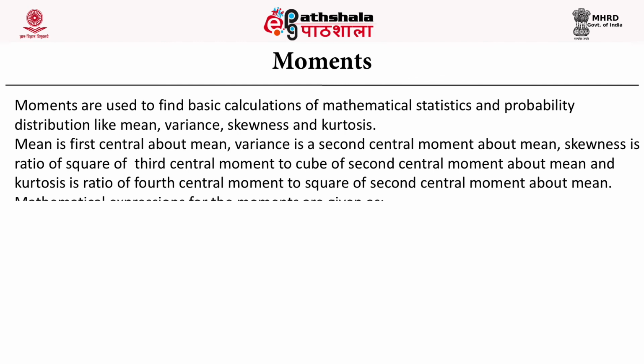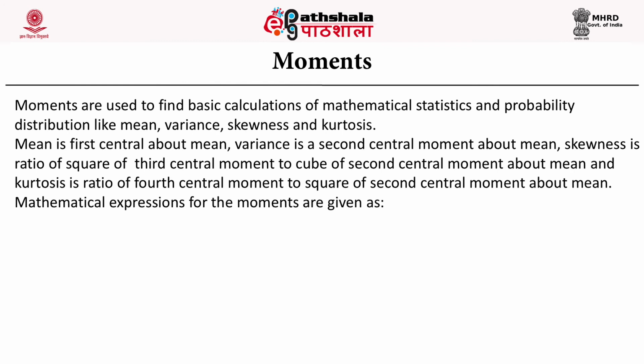Mean is the first central moment about mean. Variance is the second central moment about mean. Skewness is the ratio of square of the third central moment to cube of the second central moment about mean, and kurtosis is the ratio of the fourth central moment to square of the second central moment about mean.